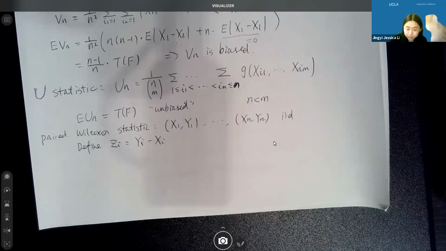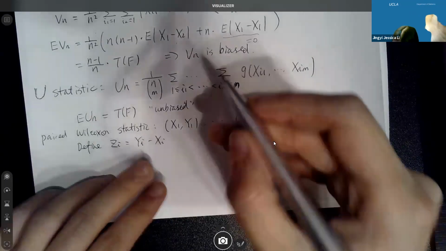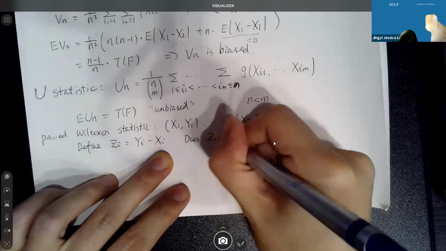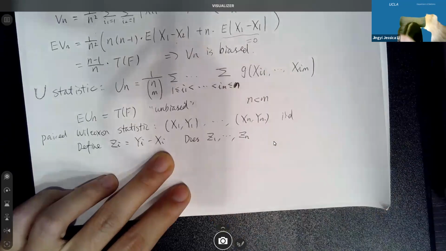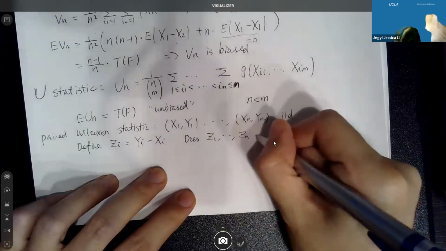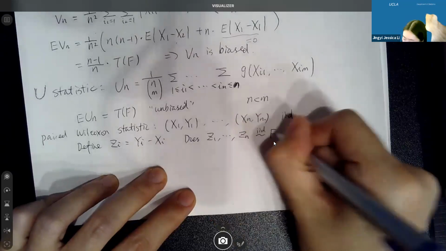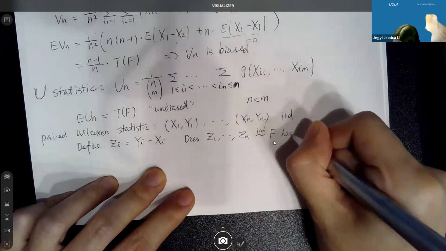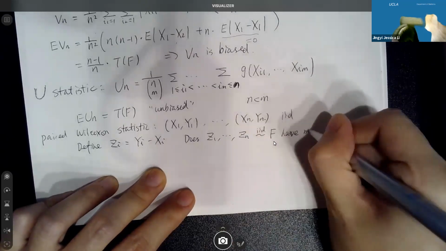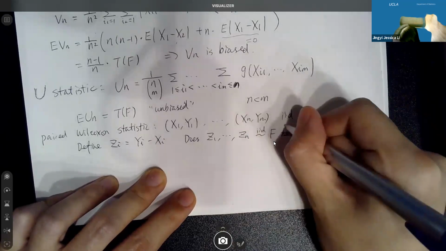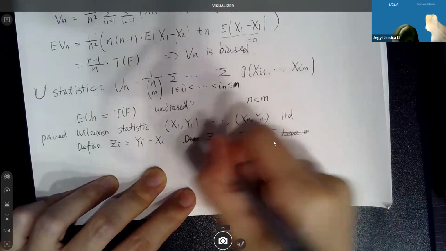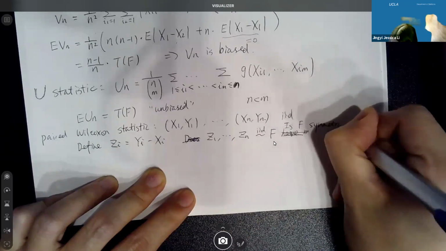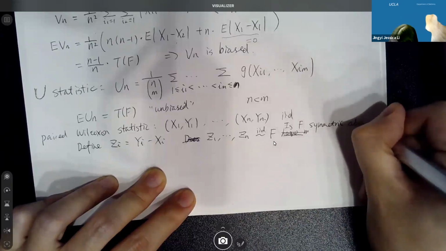Does Z1 to Zn follow an IID F distribution, and is this F symmetric about 0?